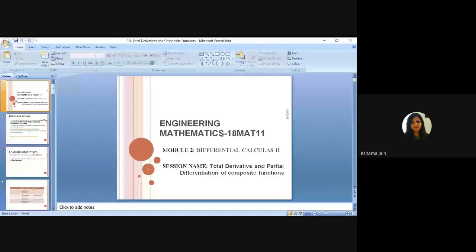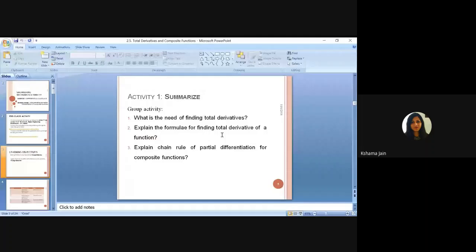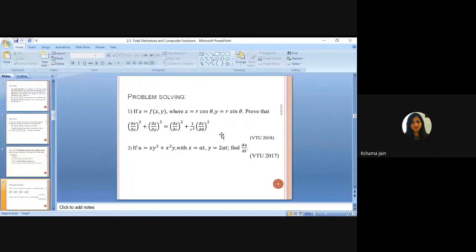The next slide is on total derivatives and partial derivatives, composite functions. Here, this is also very easy. Now the question comes, ma'am, what is the total derivative? What are composite functions? See, in the last slide, u was depending directly on x, y, and z.